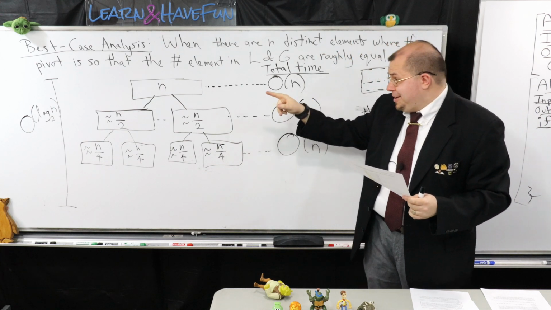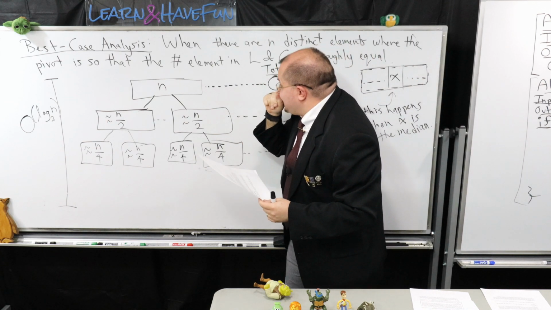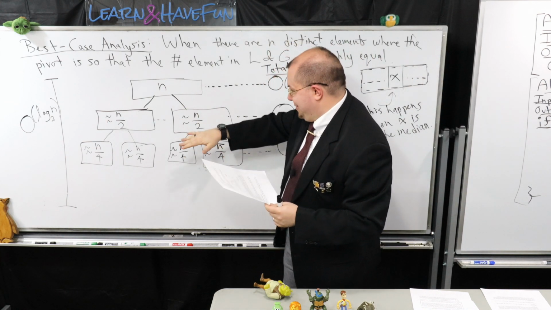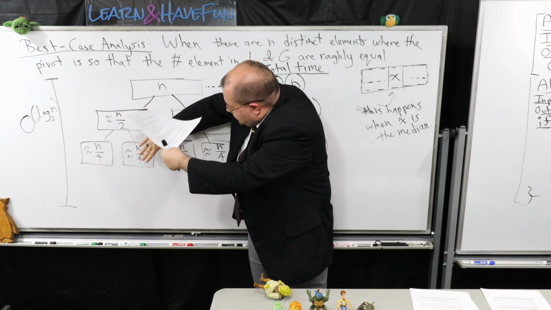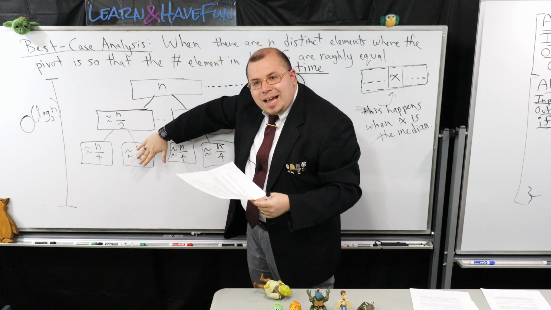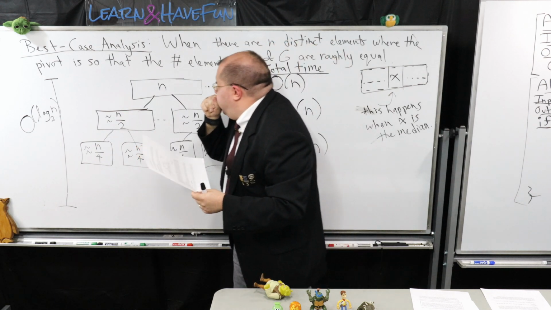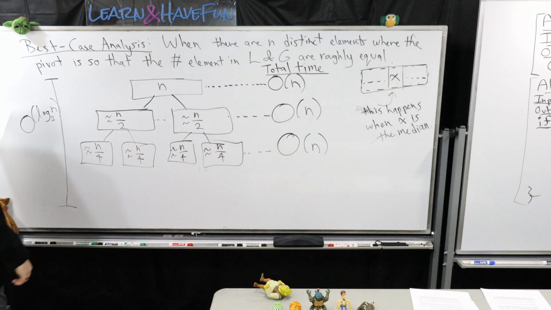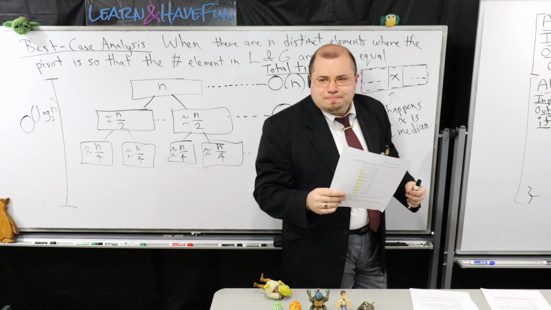So every time I half it, if I ignore all of this, it's just like the analysis we had for binary search. Every time it's just like when I discard the elements. Is that neat? So this is actually one way you can derive this. I'll have in the notes another way to derive it.